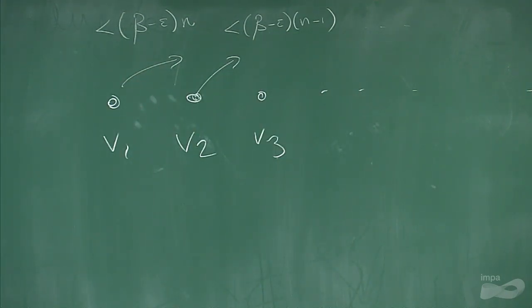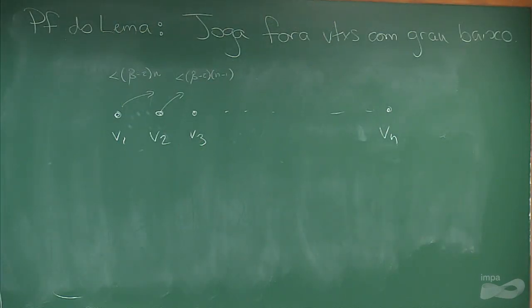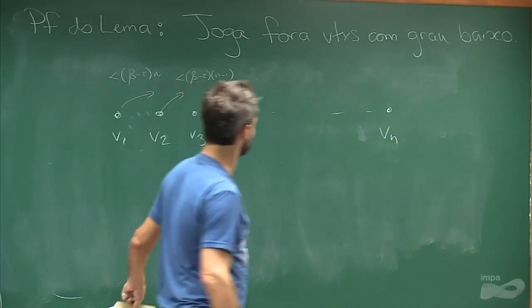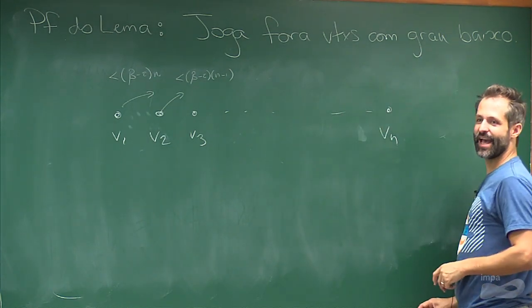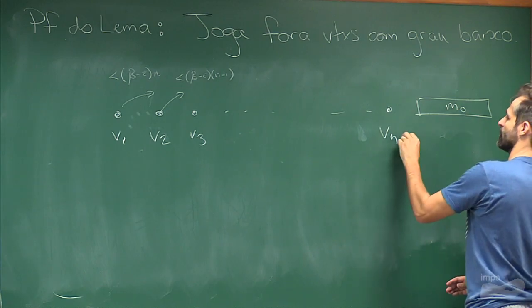Perhaps I'm going to add an extra condition to make the statement more complicated. I'm going to fix an m0, and I also want m to be at least m0. So instead of going all the way to n, I'm going to stop when I get to m0.